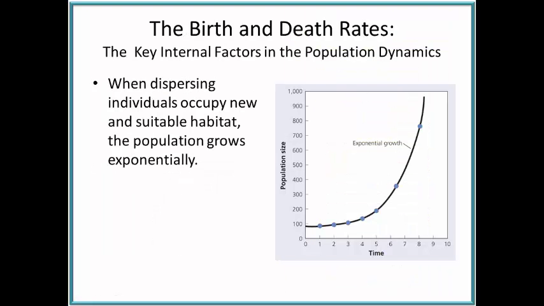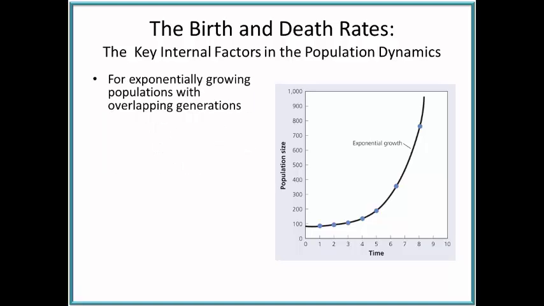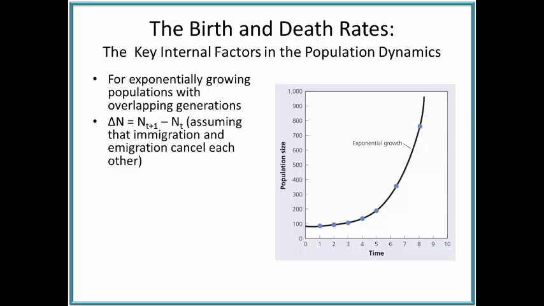The key internal factors in a population are going to be birth rates and death rates. We're going to, for the moment, sort of assume that immigration and emigration either cancel each other out or are not as significant, because I want to look at those for a few moments. For exponentially growing populations, we're going to see this kind of growth.